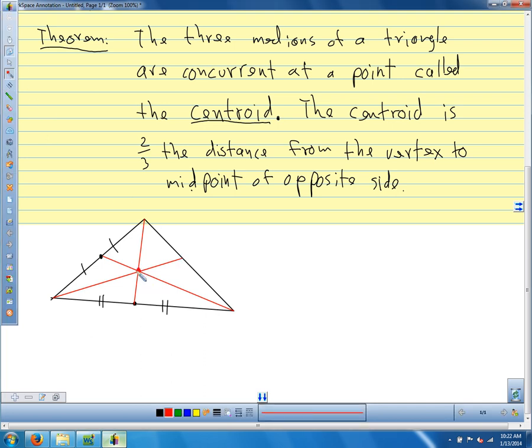So this would be my centroid. And let's label this triangle. I'm going to call this A, B, C, D, E, F, and G. So we're going from the middle of one side to the opposite vertex. G is the centroid.